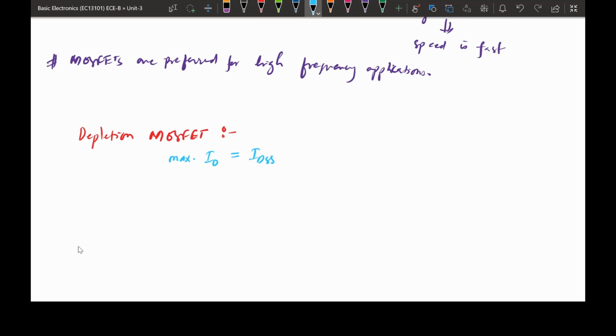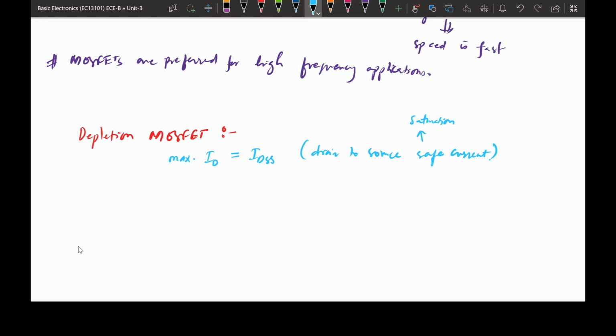So in case of depletion type MOSFET also, the maximum current that is possible is IDSS. This is the drain to source saturation current.